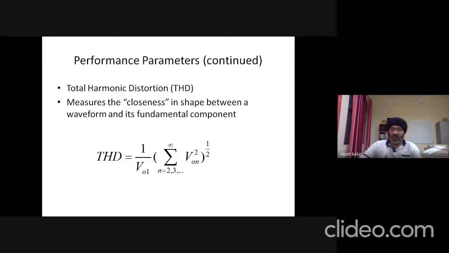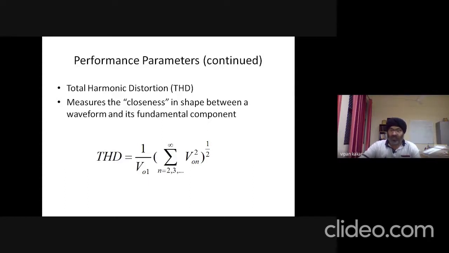So ideally all these should be 0. VO1 is the actual requirement at the output. If all the components from n equal to 2 till infinity are 0, then the sum of the squares will be 0, and 0 divided by VO1 is 0. So total harmonic distortion will be 0, meaning no distortion.